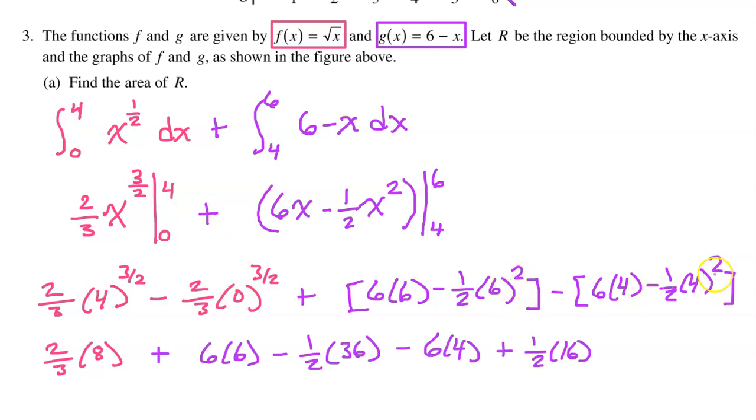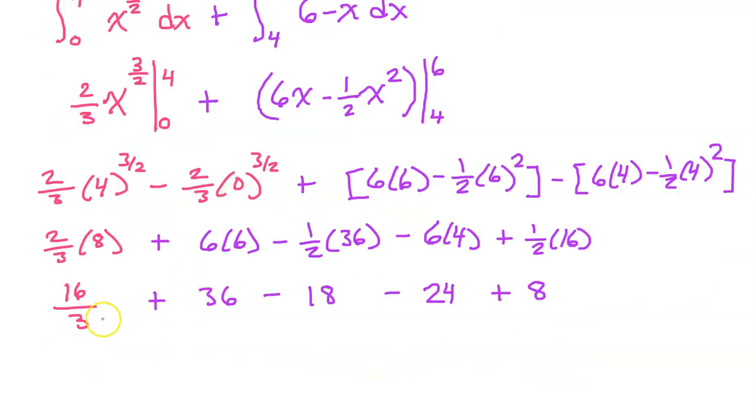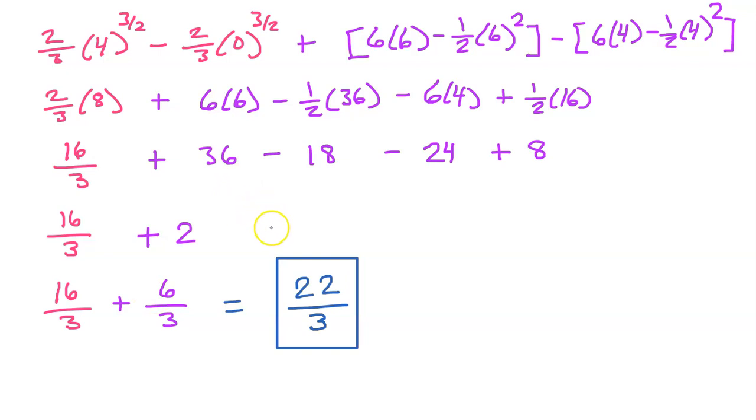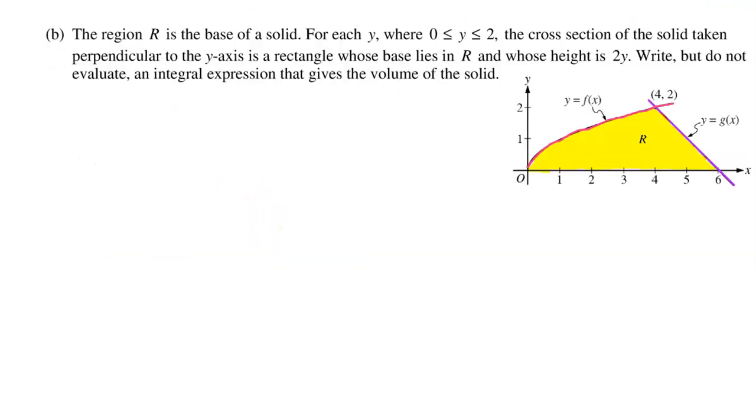Applying the rest of the exponents and distributing this negative sign gives us this. Performing the multiplication gives us this. Adding all of these purple numbers gives us this. Writing with like denominators, we have this. So the area is 22 over 3.